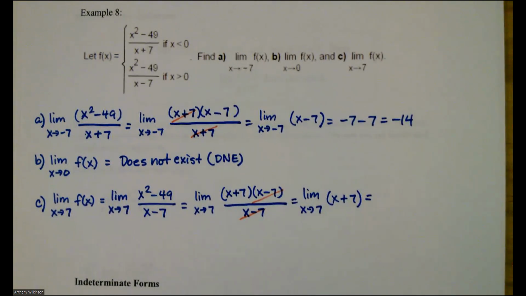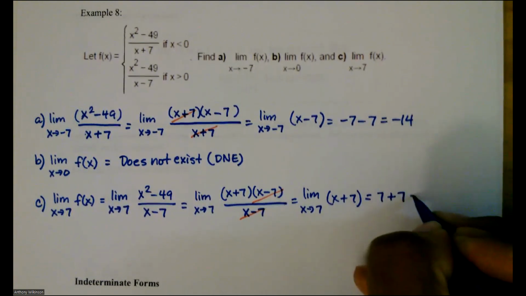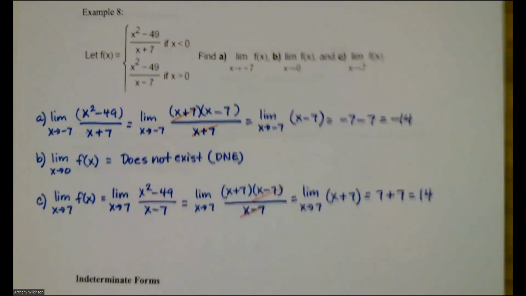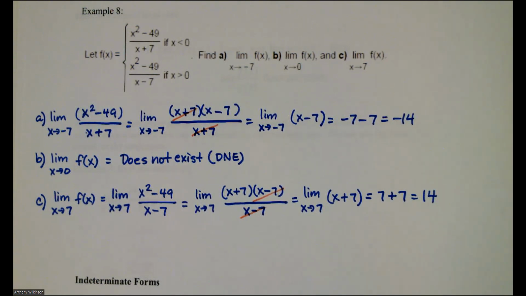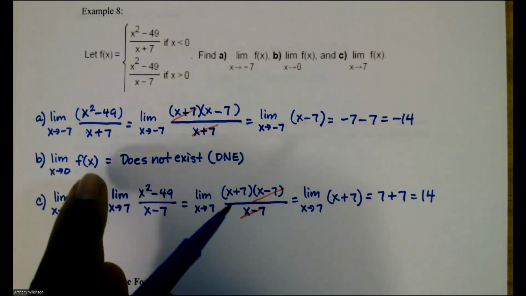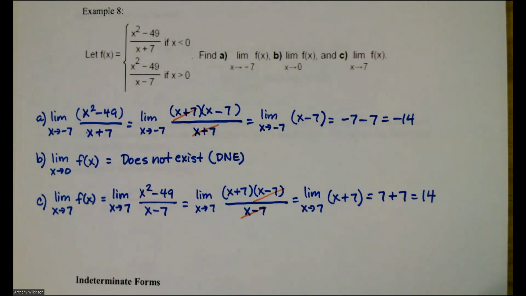Now we can just do direct substitution here. So replacing the x with 7, you're going to get 7 plus 7, which is 14. So the limit as x approaches 7 of f of x, or the limit as x approaches 7 of x squared minus 49 divided by x minus 7, will be 14. Okay. So with this example, we came up with indeterminate forms here for parts A and C. Part B, the limit did not exist because there was no expression for x is equal to 0.